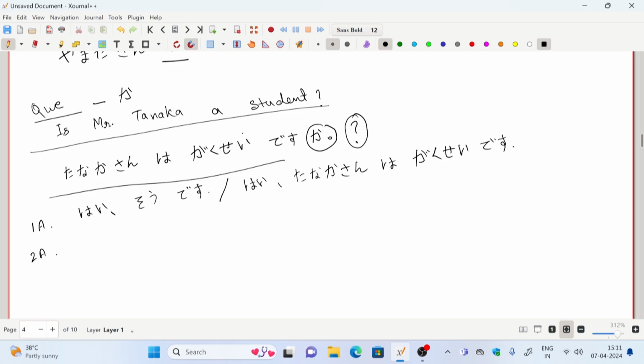Or answer 2 could be no, Tanaka is not a student. How will we reply for that? We'll start with iie. Iie is no. Iie, Tanaka-san wa gakusei dewa arimasen.